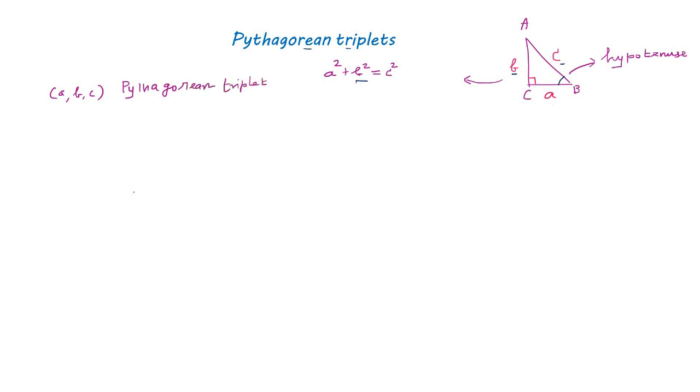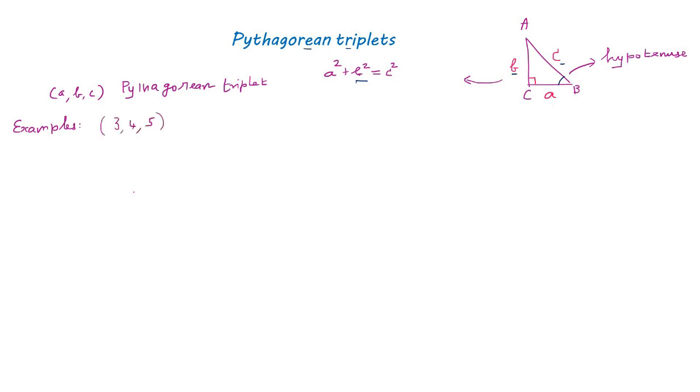We assume them to be whole numbers, and all these together, a, b and c, the collection is called a Pythagorean triplet. And we know a common Pythagorean triplet is 3, 4, 5.